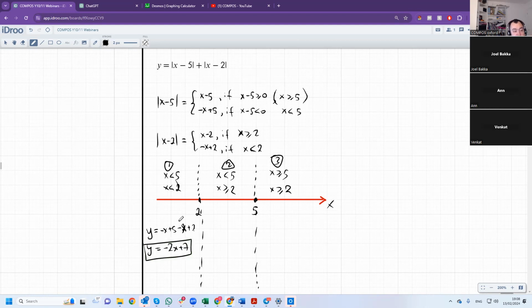Now for the middle case, it's less than 5, so it's minus x plus 5 plus x minus 2, and that simplifies to y equals 3.